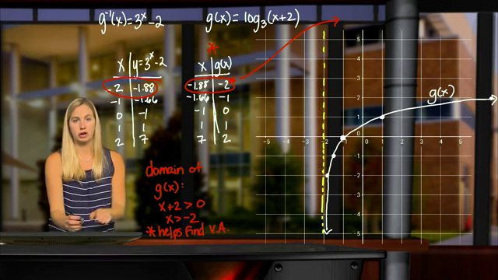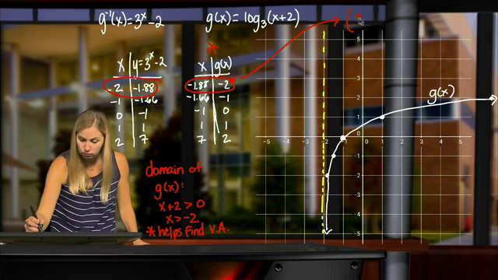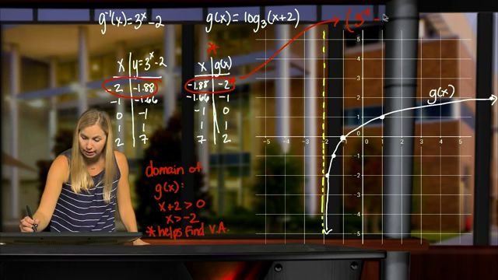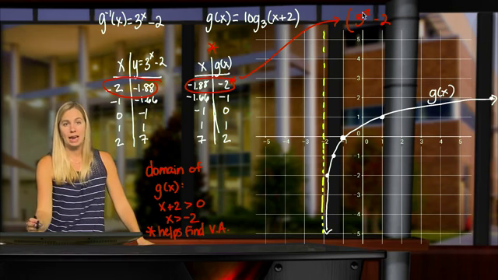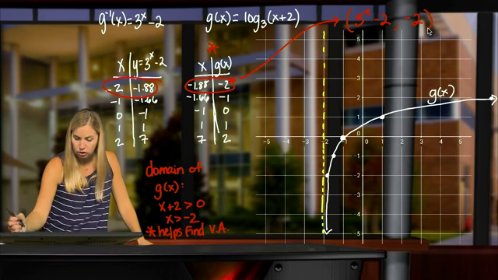If you look over here from that first table, that was 3 to the negative 2 minus 2. You can actually type that in as an x value, and then your y value is negative 2.